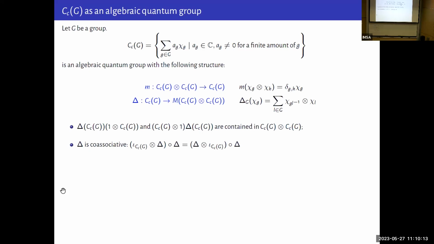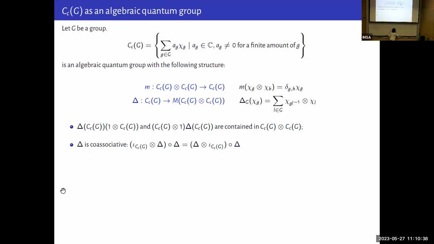And well, the multiplication must satisfy this condition. The first condition is that every time we have an element of the form delta of an element of the algebra multiplied by this one here, which stands for the unit of the multiplier algebra. Maybe I should say, this is the multiplier algebra of an algebra.